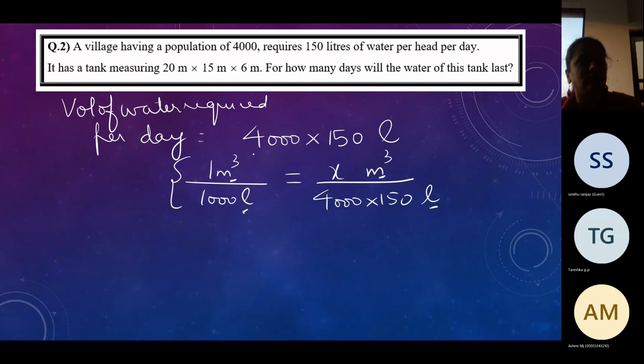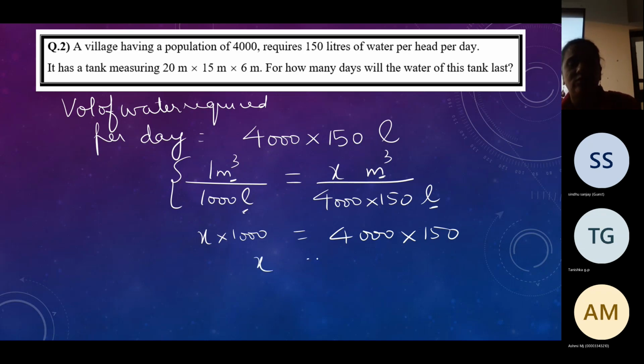So 1 meter cube by 1000 liters is equal to x meter cube, because you're converting liters to meter cube, right? So x meter cube by 4000 into 150 liters. Now cross multiply. So what you get? X into 1000 is equal to 4000 into 150 into 1, but you can ignore that.